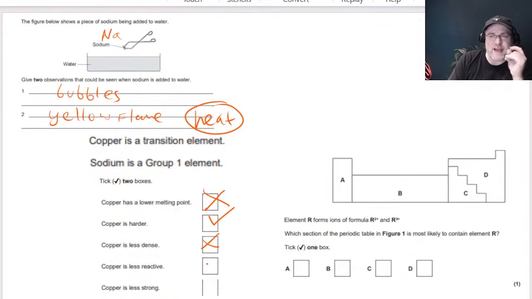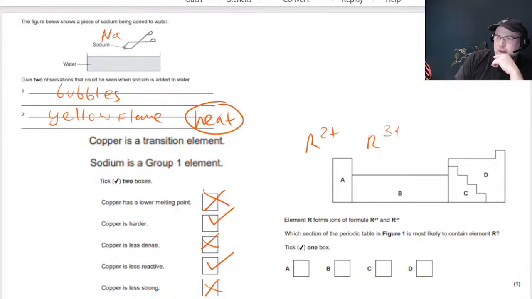Copper is less reactive. That is true. If you know your reactivity series, copper's right at the bottom, just above silver and gold. And then over here, element R forms R2+ and R3+. What section of the periodic table is it most likely to be? Where would we find an element that can be +2 and +3?